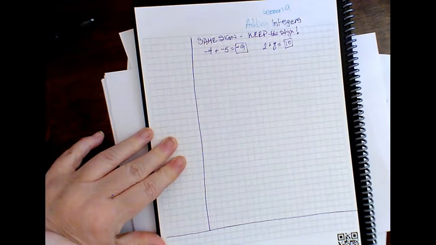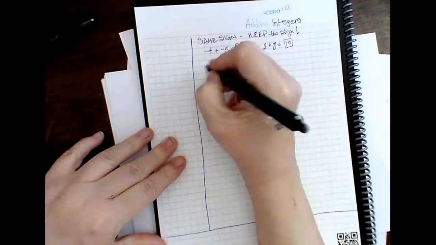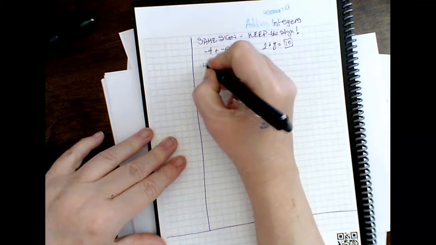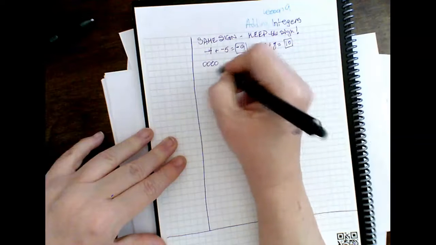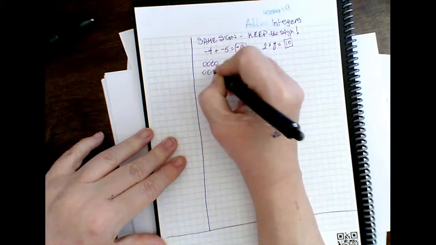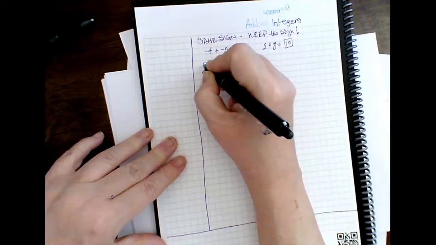Now, there is a strategy if you're getting confused. You can say, here we go, these are all negative.